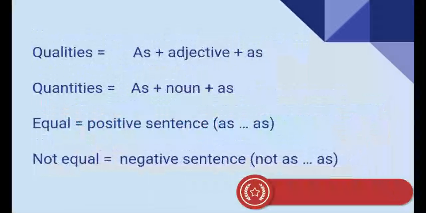But if this is not equal, so the previous one is a little less or a little fewer, and then the second object is maybe a little bit more, it has more of something, then we're going to be using not as. Okay, let's take a look at this.